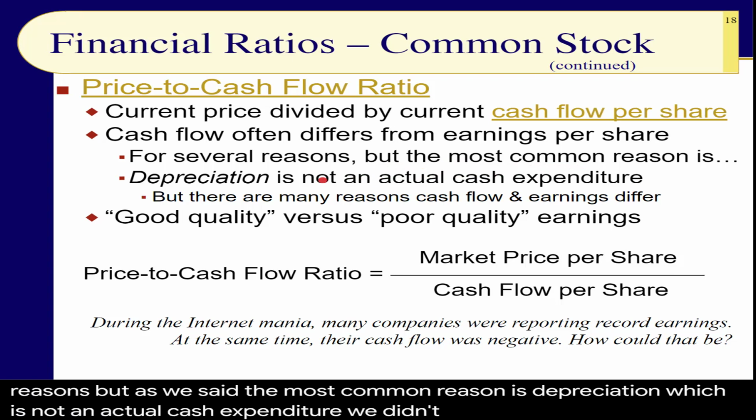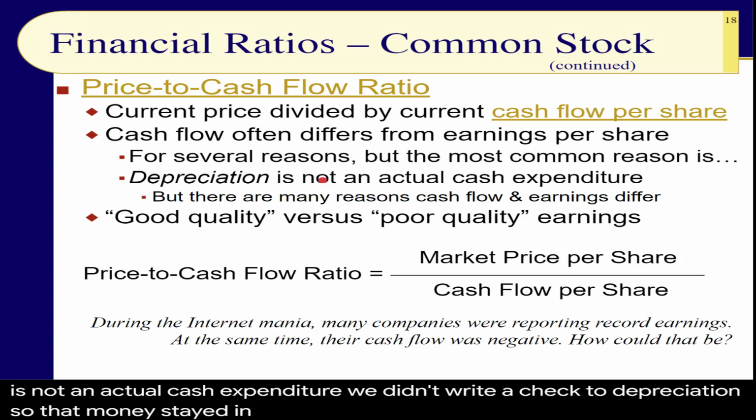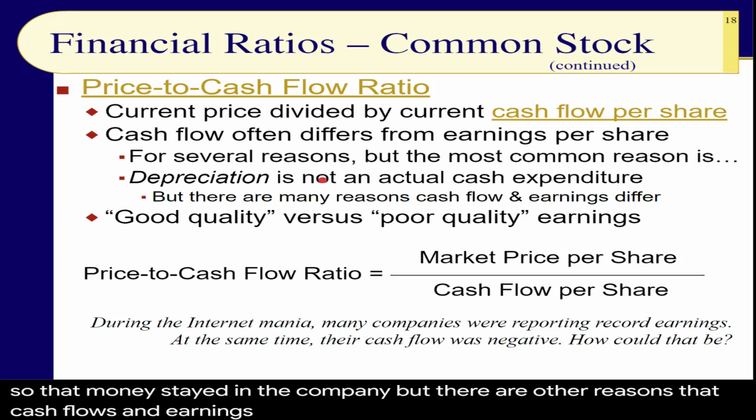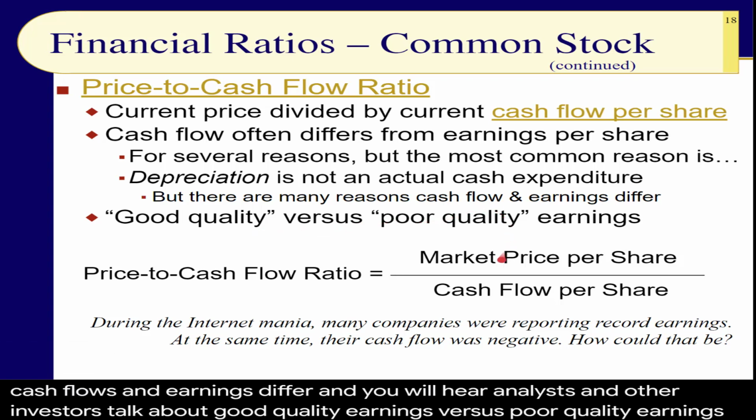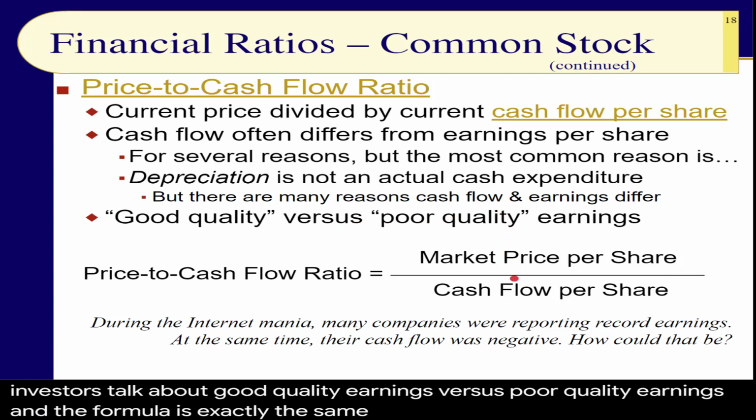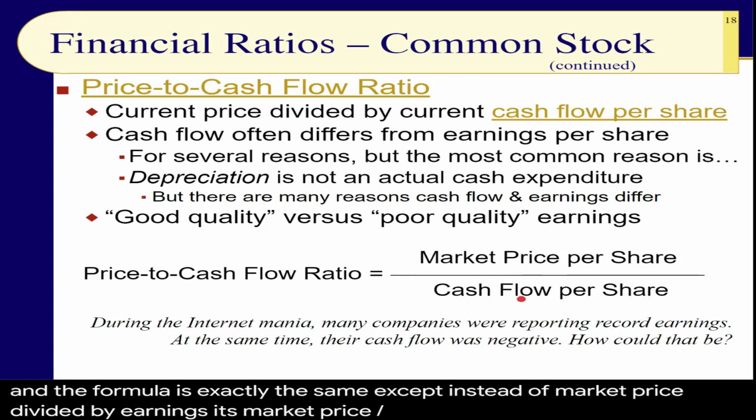We didn't write a check to depreciation, so that money stayed in the company. But there are other reasons that cash flows and earnings differ. And you will hear analysts and other investors talk about good quality earnings versus poor quality earnings. The formula is exactly the same, except instead of market price divided by earnings, it's market price divided by cash flow per share. And let's take an example of this.